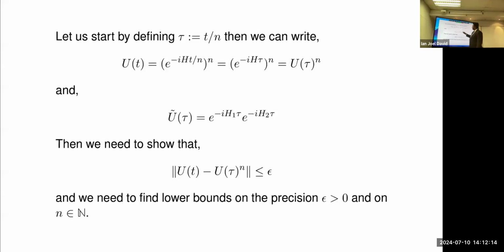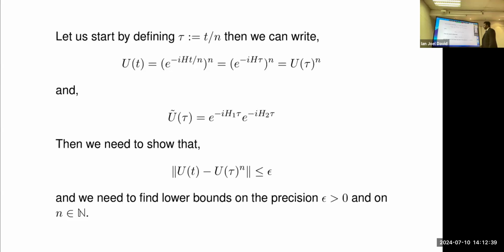On the inside here, we'll just put e to the minus iH tau, and this is just U of tau to the power n. Okay? And the next thing we'll write, which we'll call our first order Trotter-Suzuki product formula, is just going to be the product of e to the minus iH1 tau times e to the minus iH2 tau. This is our Trotter-Suzuki formula, and it's going to be our approximation.